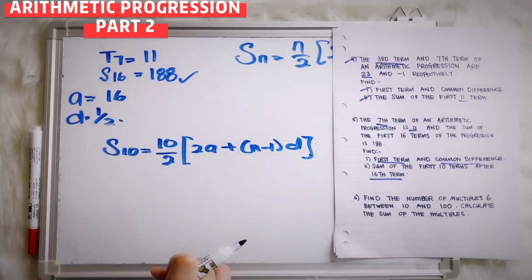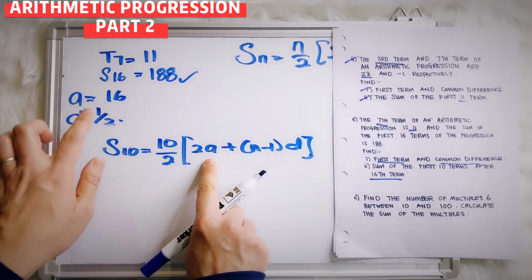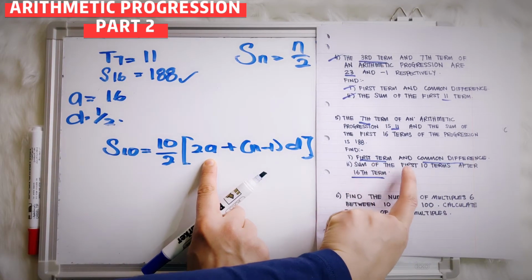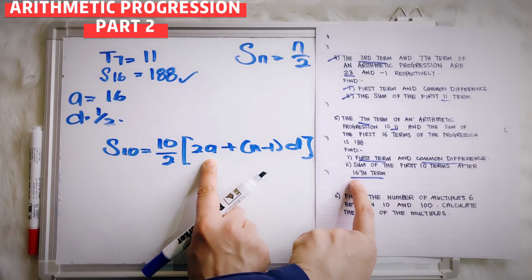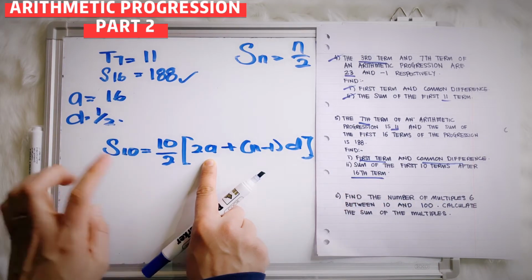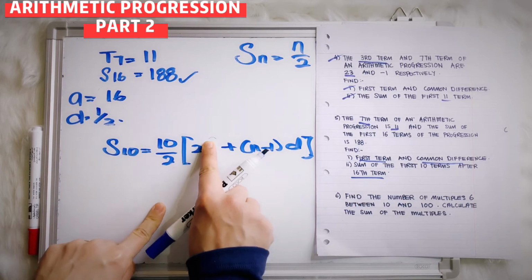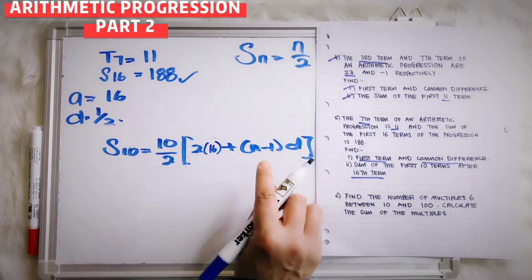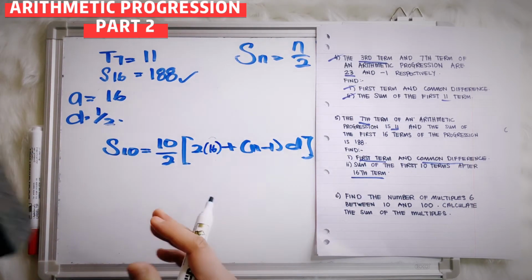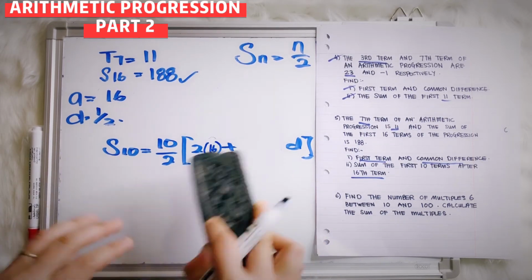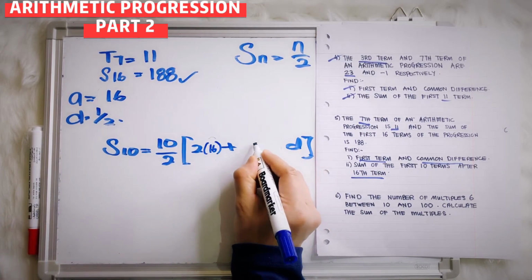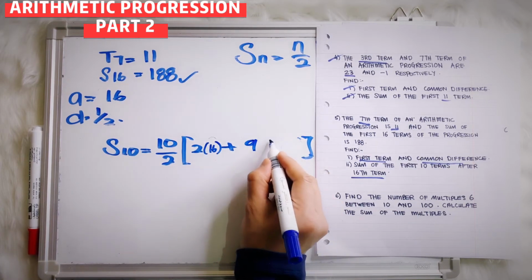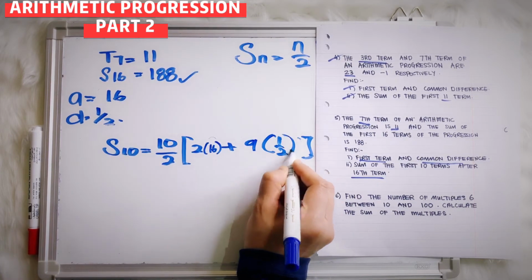Now a we replace with 16, because the question asks for the sum of the first 10 terms after 16 terms. That means T17 is our a. So 16 here, and 10 minus 1 we have 9d. What is our d? d is 1 over 2.